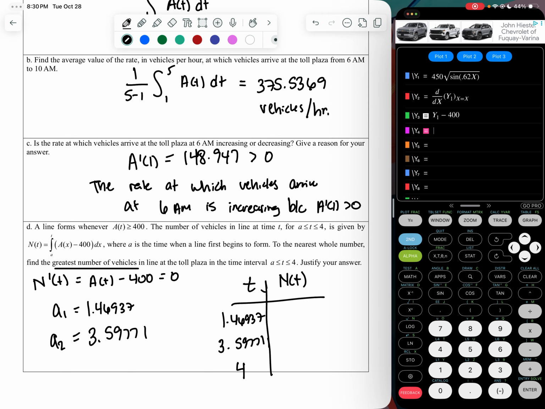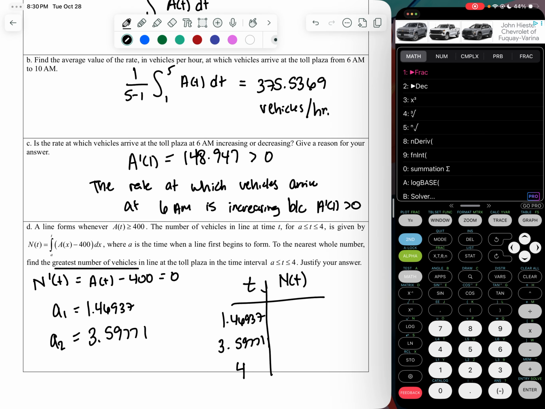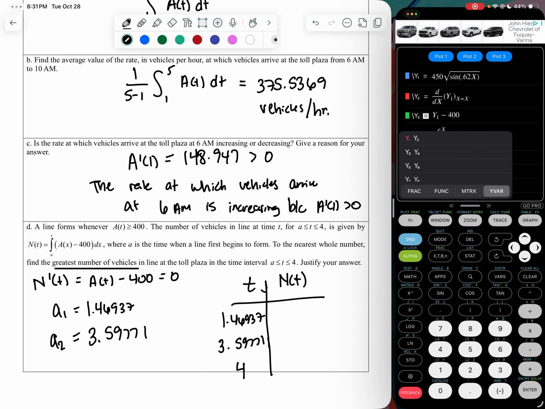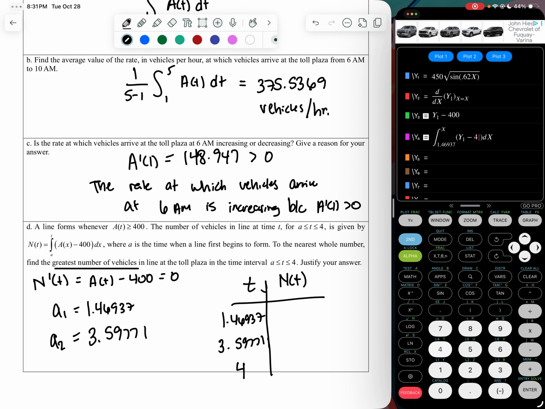Remember that because this is under y4, whenever we evaluate this, we have to make sure that we're typing in y4 instead of y1 like that other video. We are going from 1.46937 to x, and then we have y1 minus 400.